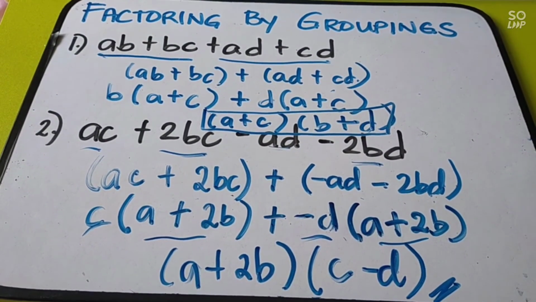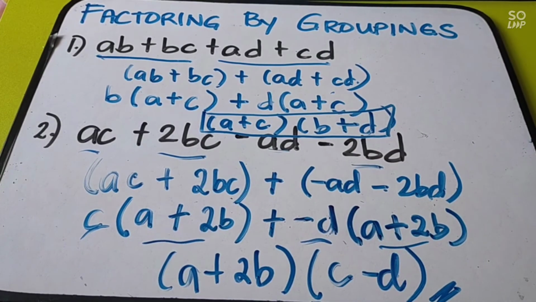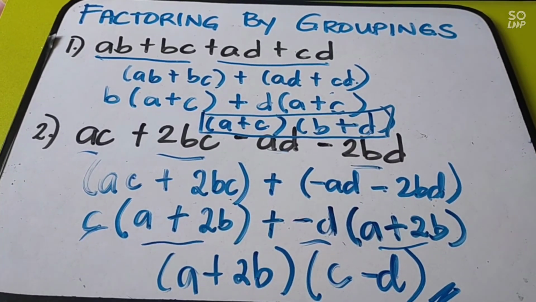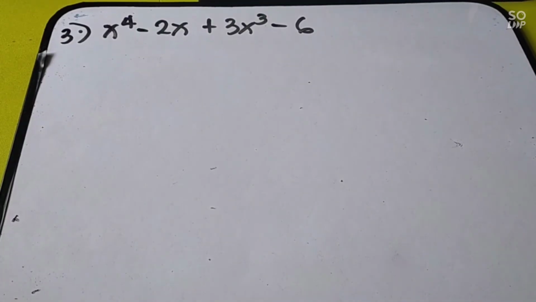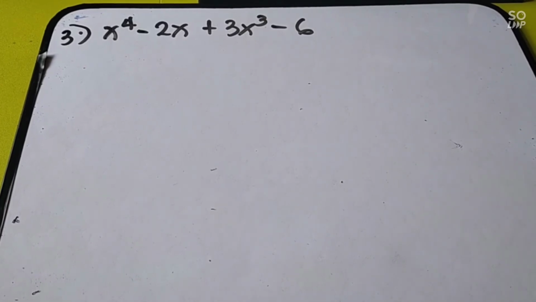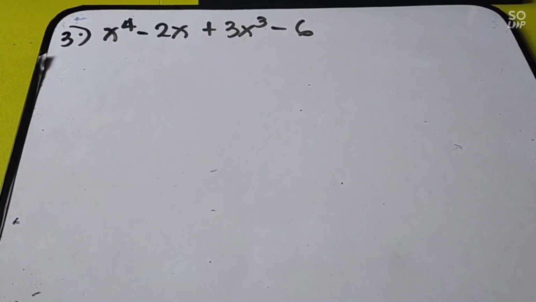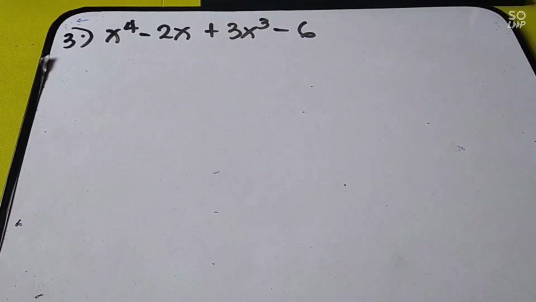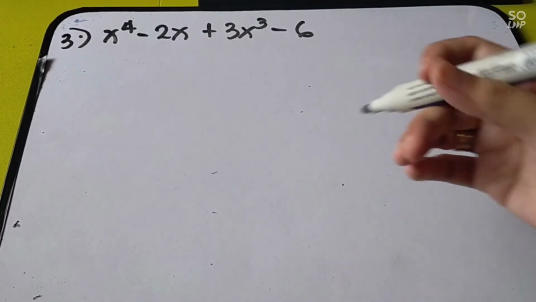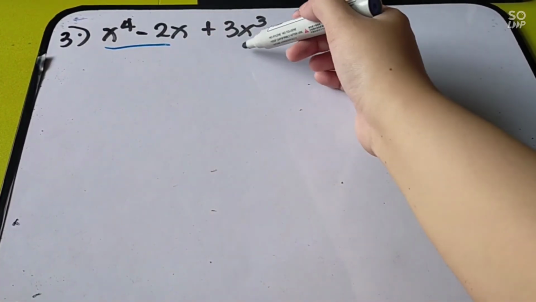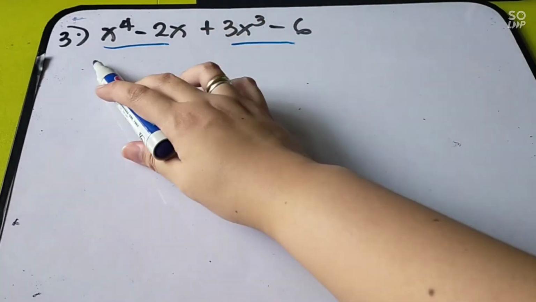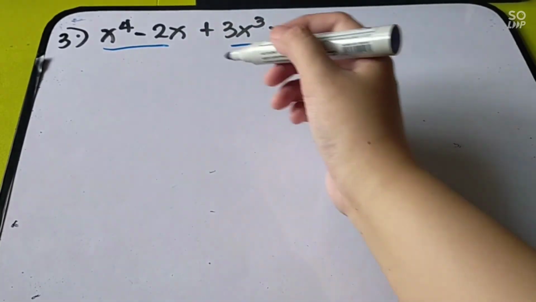Okay, that's the factor by using groupings. Let us have another example. Number 3, we have x raised to 4 minus 2x plus 3x cubed minus 6. So, i-group ulit natin siya. So, pwede natin i-group itong magkasama na to, tsaka ito. Kasi may common naman sa kanila, may common din naman sa kanila.